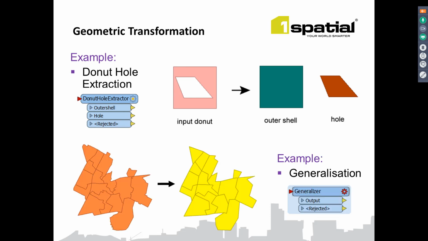A common task for people is to generalize their data. So you might want to remove some of the geometric detail but without losing the shape. And there are a number of standard algorithms to do this. In FME, you can access those algorithms through the Generalizer transformer.